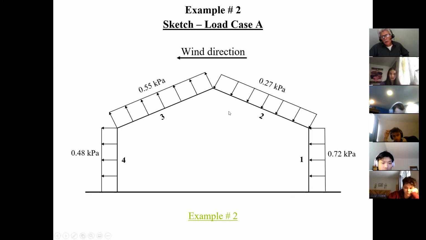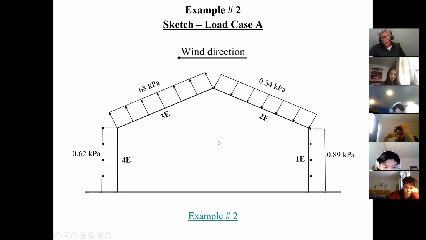For the edge pressures, the ones along the edge of the building or at the corners, they call it E for edge, I guess. You have the same directions, those don't change, but the numerical values are slightly higher than in the middle of the wall, okay? And that's how you would indicate that.